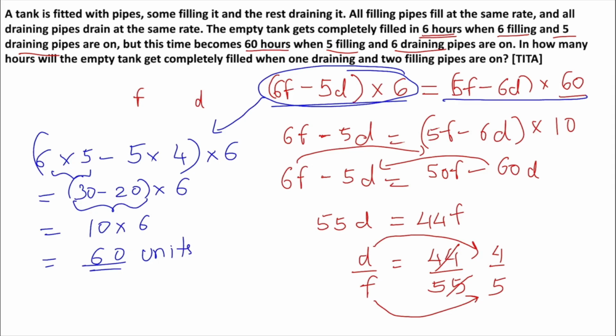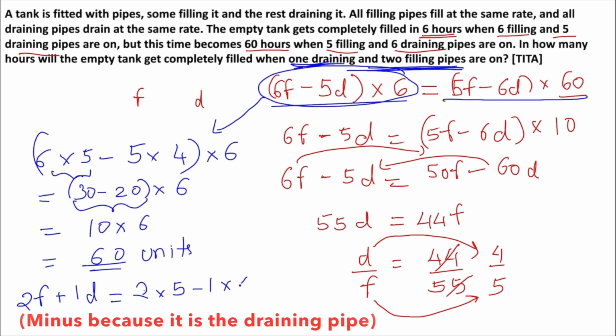Now, as per the question, this 60 units have to be completed by 1 draining and 2 filling pipes, right? How much time will it take? That's the question. Let's find out the efficiency of 2 filling plus 1 draining pipes. The combined efficiency will be 2 into 5 minus 1 into 4.